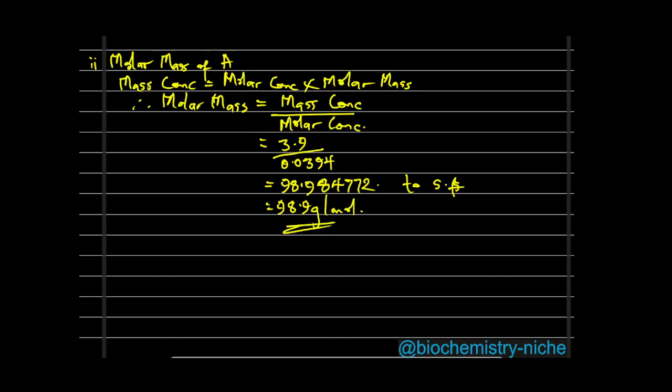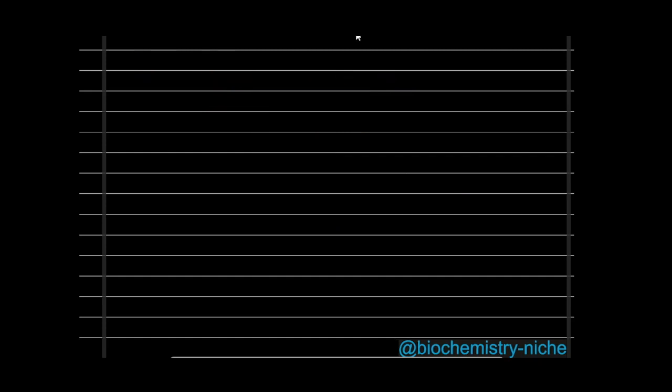And then the last question is asking us to calculate the value of X in H2X. This is what we use: H2X equals the molar mass. We want to know the value of the X in the H2X.